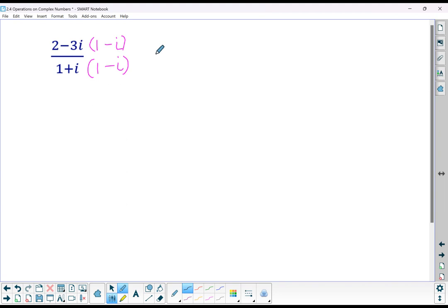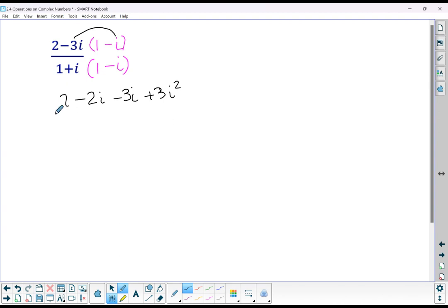So in our numerator, we now have 2, we have a -2i, we have a -3i, and then we have a positive 3i squared. That positive 3i squared comes from those two terms multiplying together.